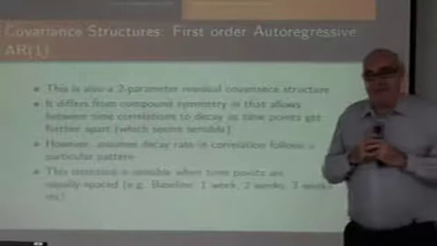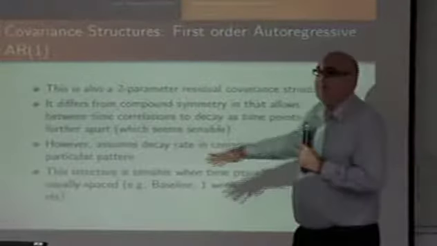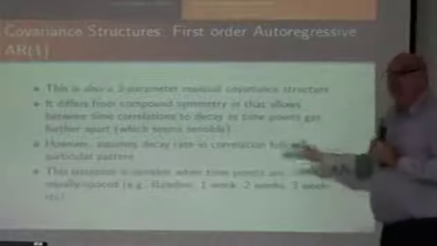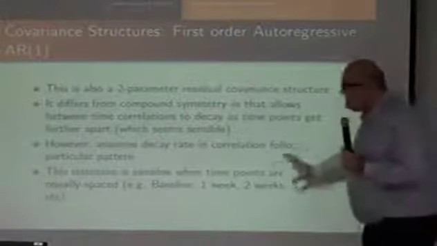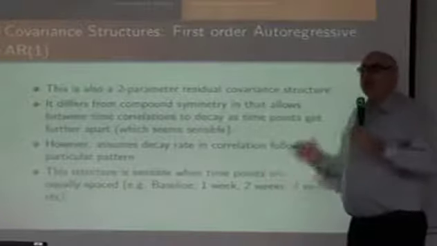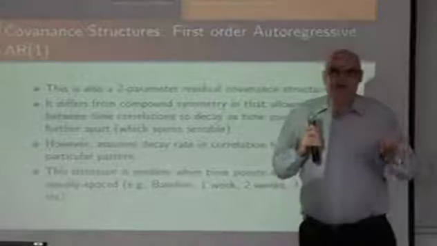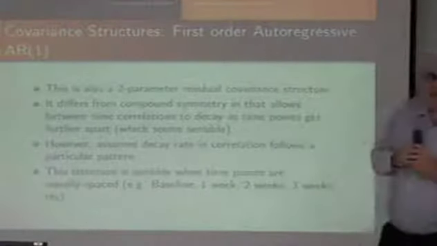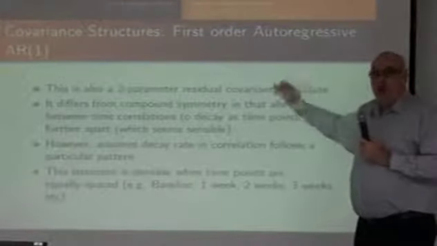That's nice and realistic. It is assumed that this decay follows a particular formula, that there's sort of an exponential decay in that. It's a sensible structure to use when we have evenly spaced time point studies. 0, 1 week, 2 weeks, 3 weeks, 4 weeks. It will often work relatively well there. It also has 2 parameters, so also quite cheap.